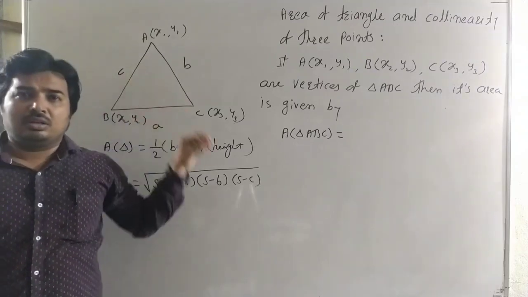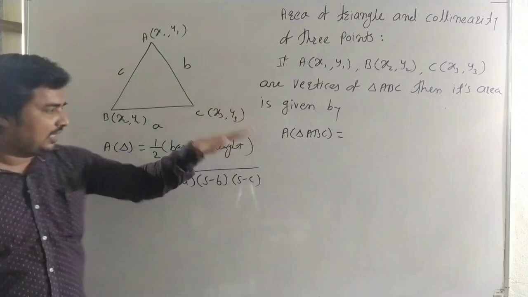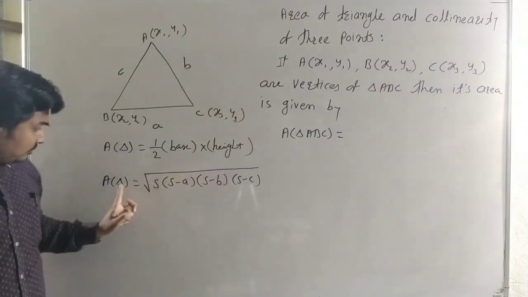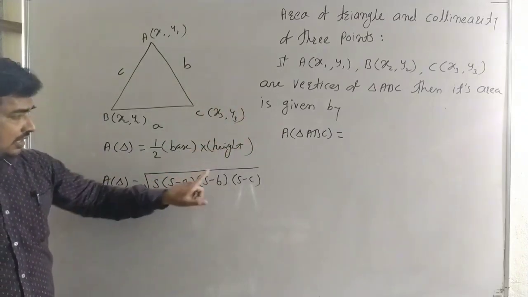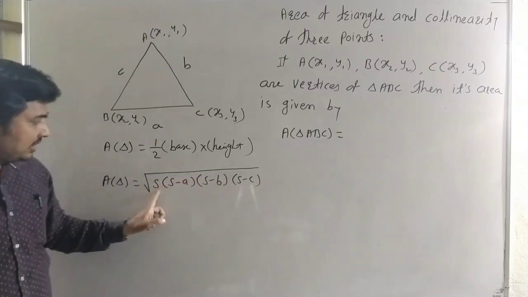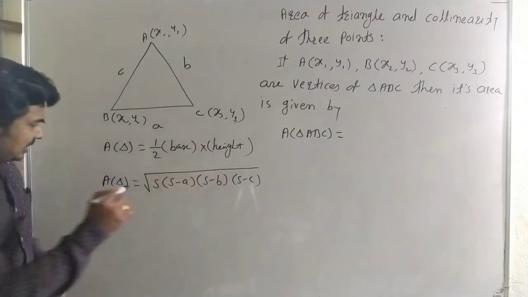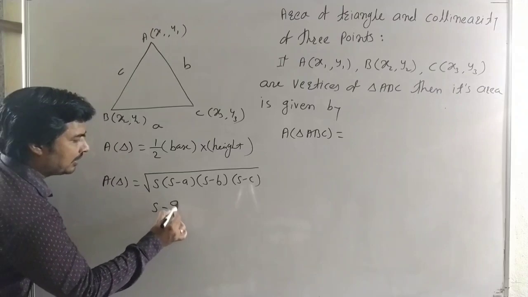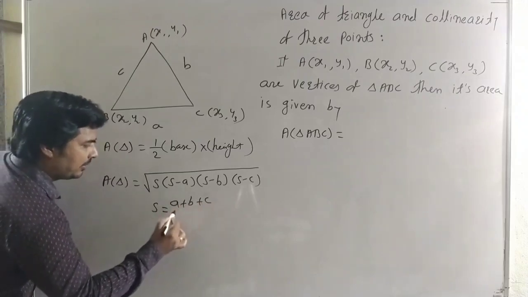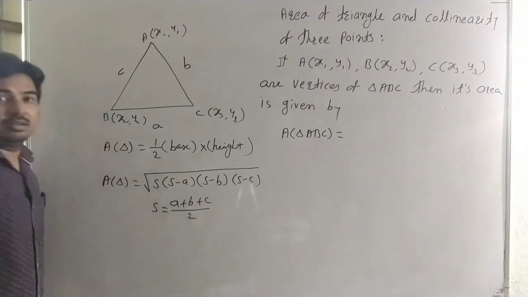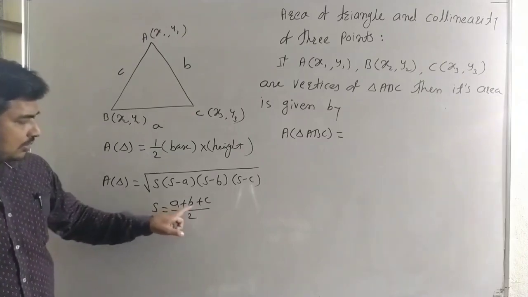We know the length of all sides of the triangle, then the area of triangle is under root of S into S minus A, S minus B and S minus C. Here S is the half perimeter. A plus B plus C is the perimeter of triangle, and then divided by 2. So S is equal to A plus B plus C by 2.